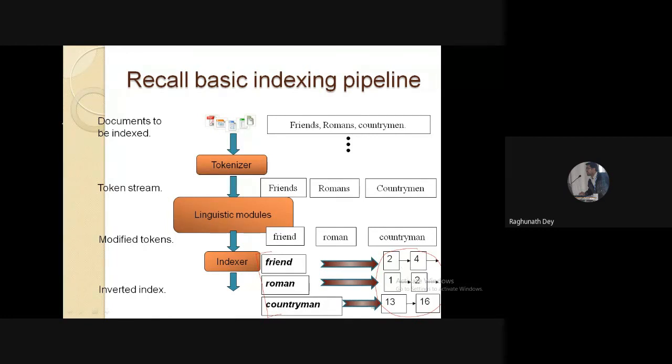So initially we are starting from here, the top, and we are reaching here, the dictionary. We have already gone through this to create such terms where the list of the postings or the document IDs are there.